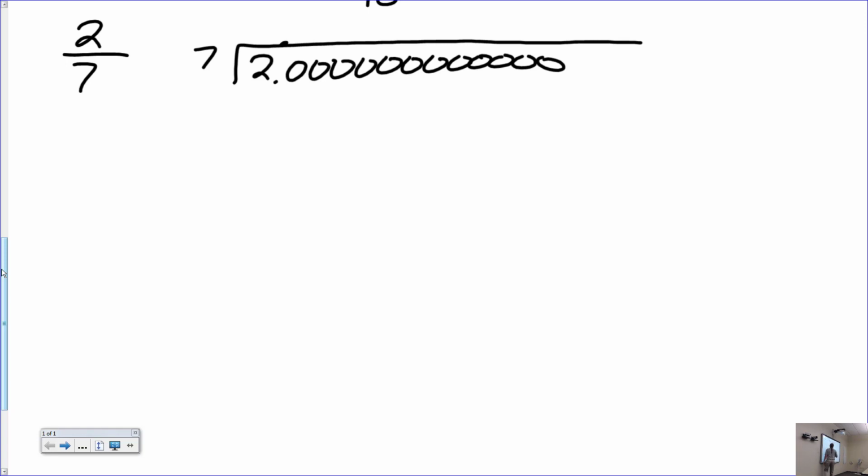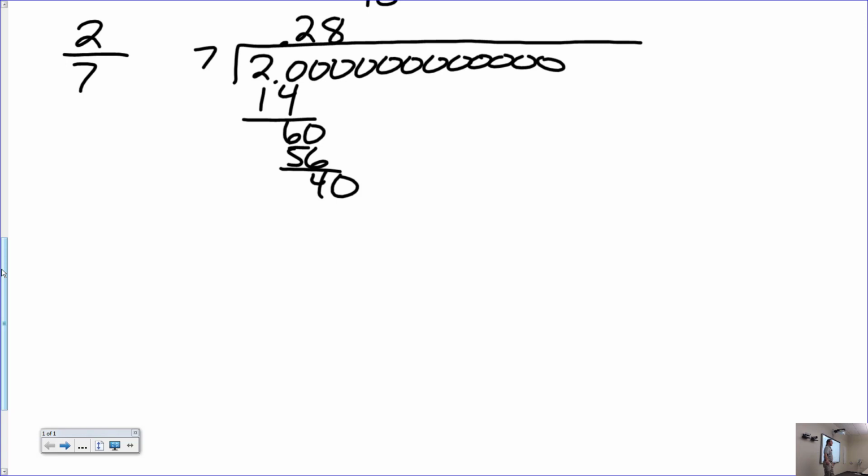Now, 7 goes into 20. How many times? 2. 20 minus 14, 6. Drop down a free 0. 7 into 60? 8. 56. 60 minus 56. 4.